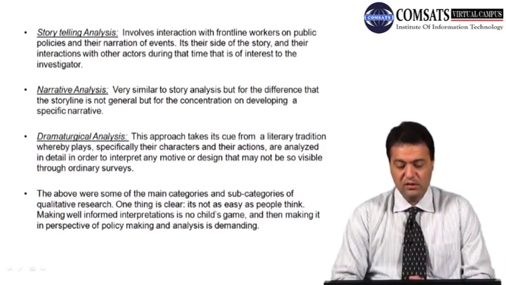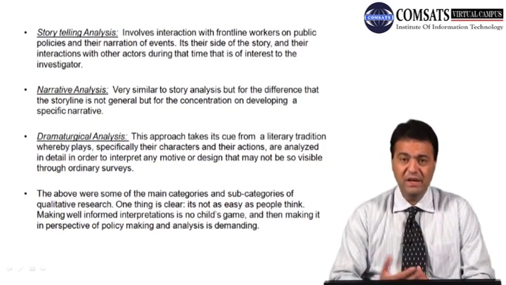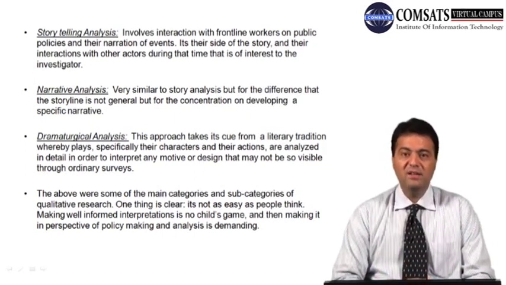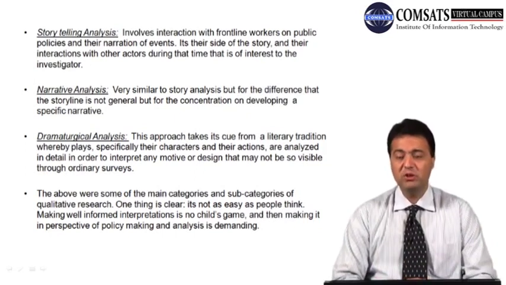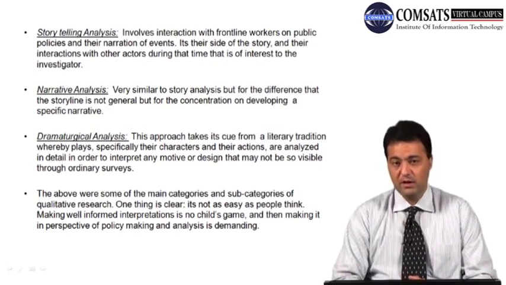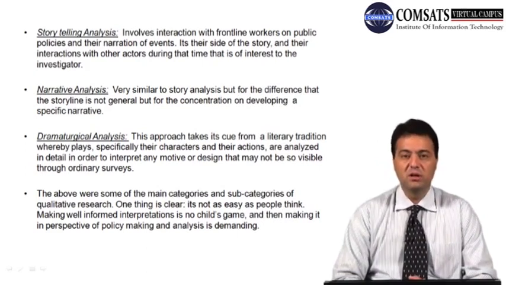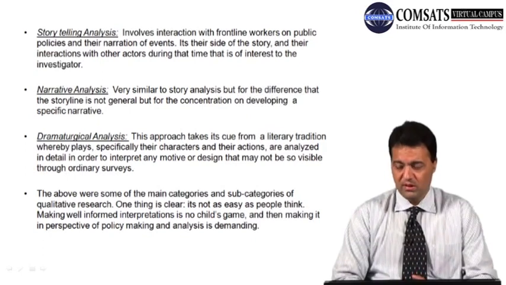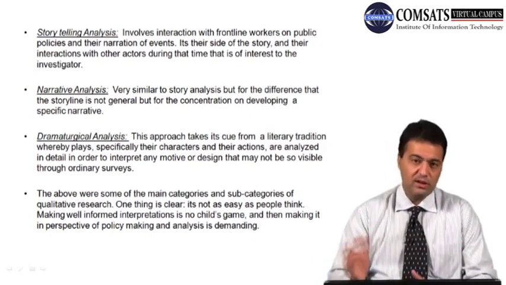There is this whole field now that deals specifically with interpretation of the plays. What the drama writer, the script writer was trying to get at, what was his intention, what was his motive, was it this thing or the other thing.